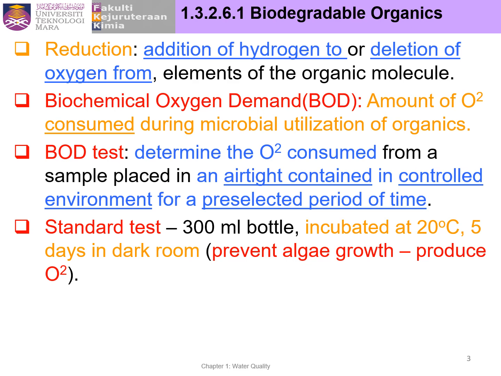So we want to prevent it. The test is that you measure the oxygen on the first day when you prepare the sample, then you put it in the dark room for 5 days, and at day 5 you take the sample out and retest again. That is where you get the difference in the amount of oxygen consumed.